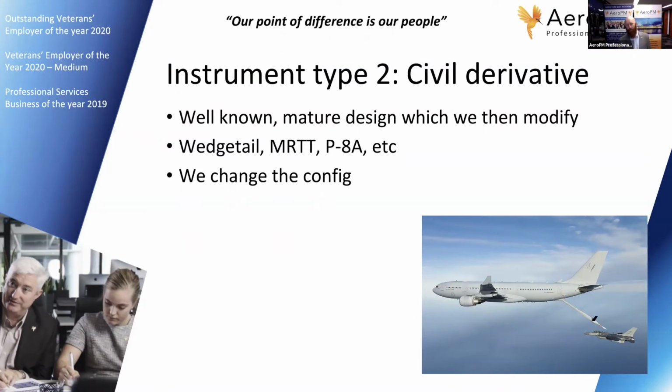So in that particular case of the tanker that's presented there, we've changed the configuration of that a fair bit. Now, most of these have, I'll say, firewalled sections of functionality, where we try and keep the original aircraft separate to the predominantly mission systems that we put into them.